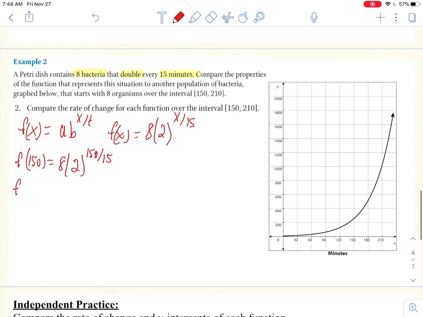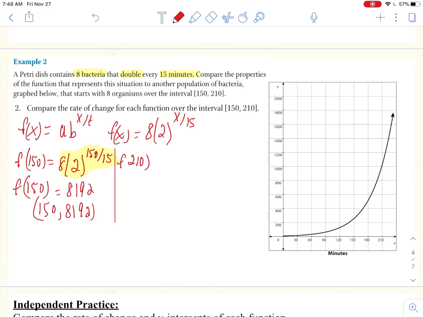We are going to have to put that in our calculator. So when I put this in my calculator, that is going to leave us with 8,192, giving us the ordered pair 150, 8,192.